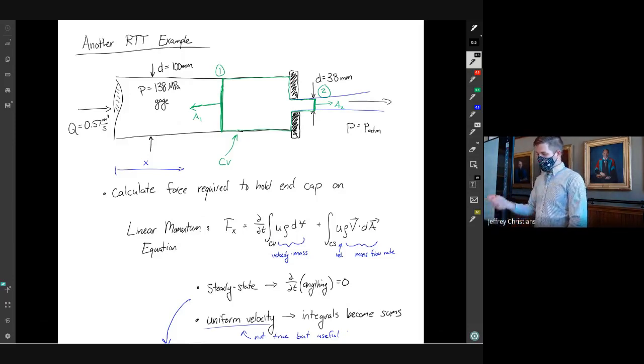And then the last force is the reaction force. Are there any solid objects pushing on our control volume? Obviously, there's not at side 1. There are solid objects, right? There's the pipe walls, but those aren't in the x direction. So the only solid object pushing in the x direction is that end cap.